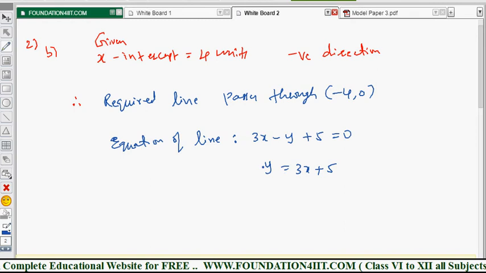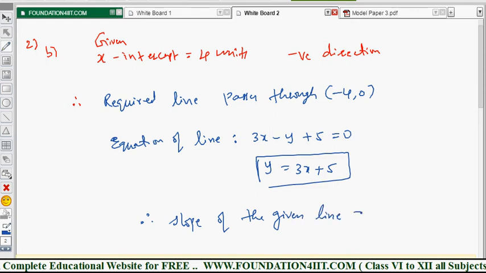Now using this in y equals m x plus c form, the slope of the given line is equal to 3. The general format is y equals m x plus c, right? So m is 3, so the slope is 3.